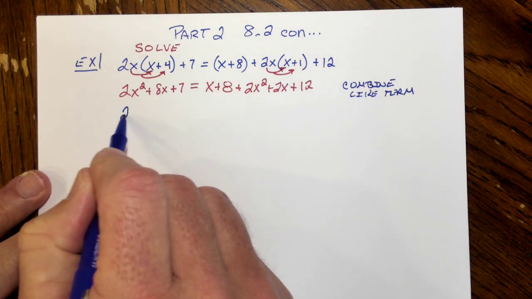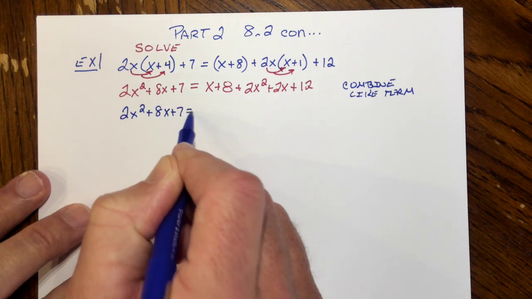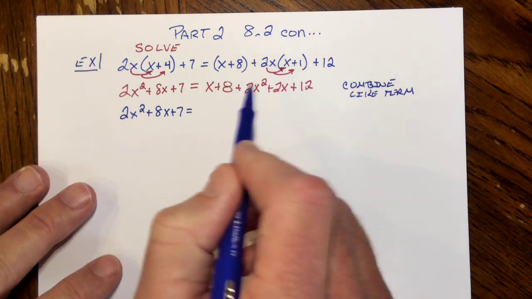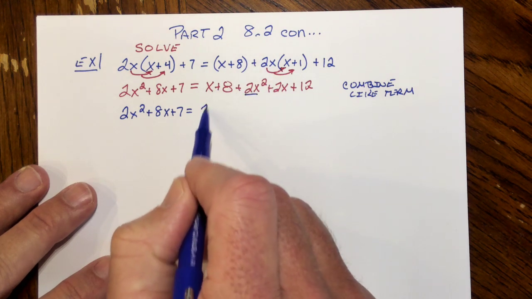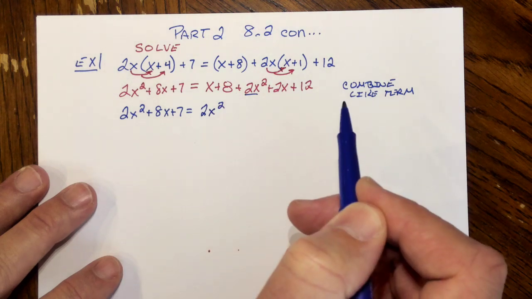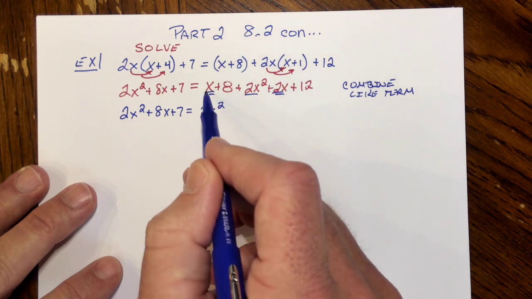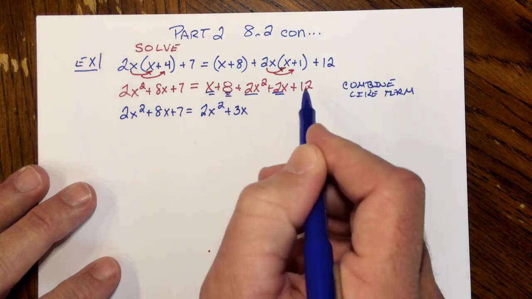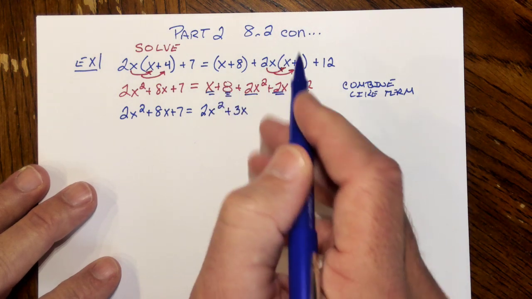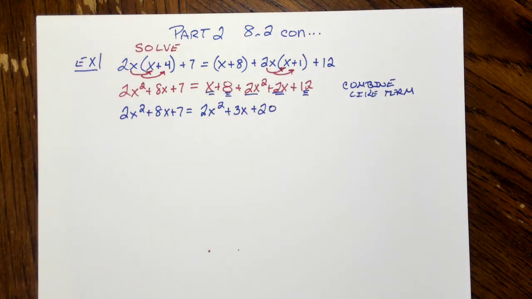So unphased, 2x squared plus 8x plus 7. Now, same deal. I'm going to go in descending order, standard form. Squared's the biggest power. Nothing like it here. So 2x squared. X to the first power, x to the first power. 2x, 1x. Plus 3x. No variable, no variable. Positive 8, positive 12. Plus 20. So now we've simplified that right side. We're not done, but we just simplified.